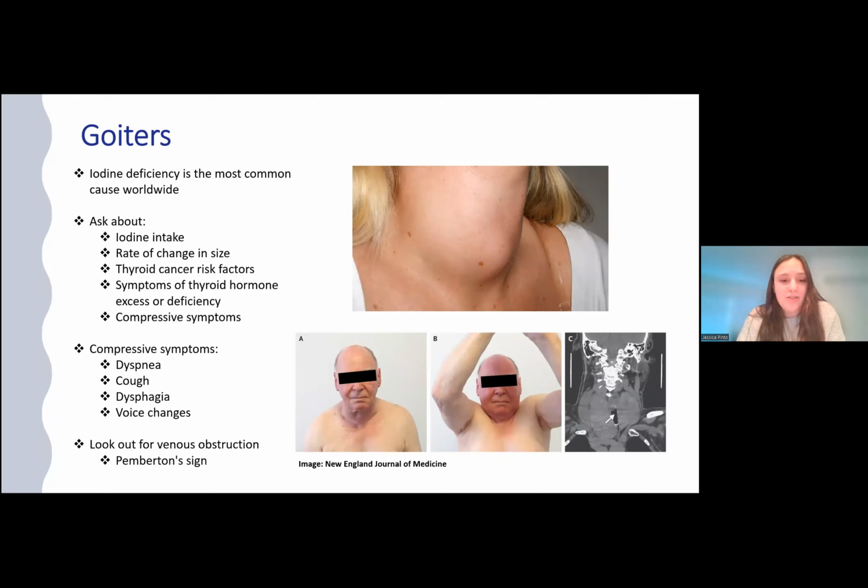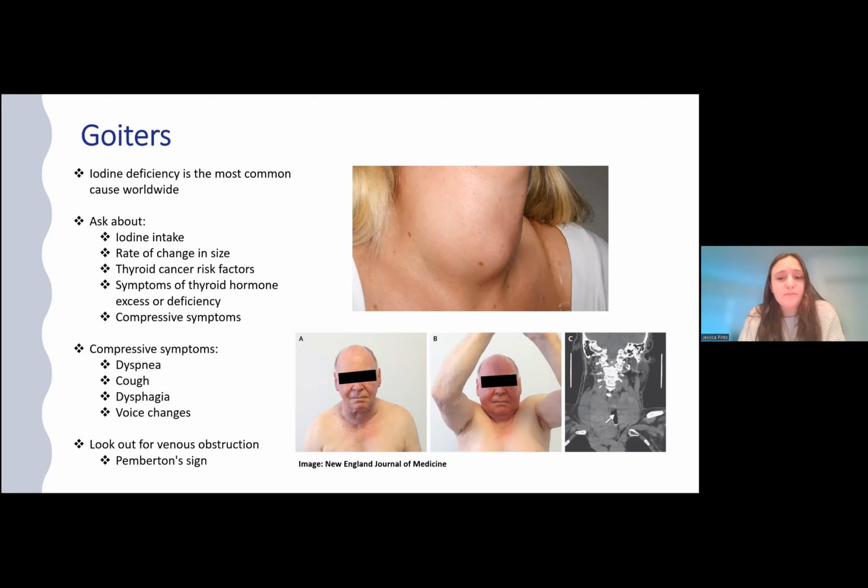Things you want to ask patients with goiters are if the rate of change in size has been rapid or if it's been pretty stable over many years, if there are any thyroid cancer risk factors that they may have, and you want to ask about symptoms of hyper- and hypothyroidism and also ask about compressive symptoms.